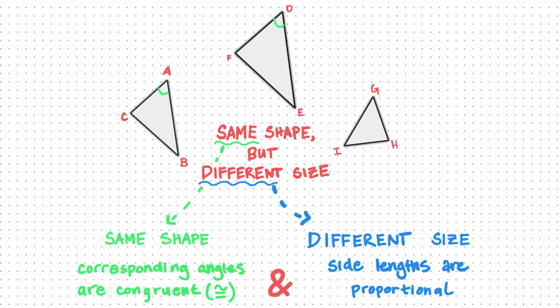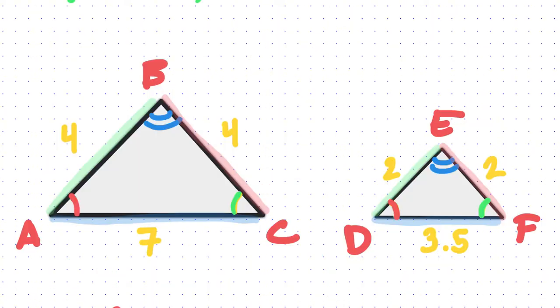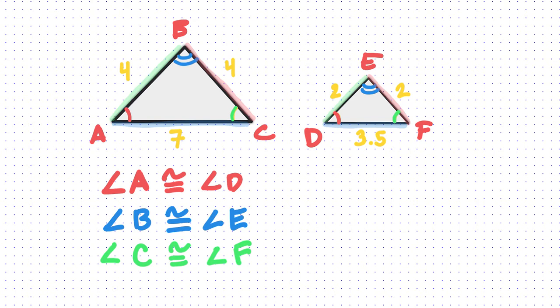Let's take a look at an example, shall we? In order to determine if triangle ABC is similar to triangle DEF, we need to compare if they are the same shape but different size, meaning that their corresponding angles must be congruent and the side lengths must be proportional. Now, according to this diagram, angle A corresponds to angle D. And I notice they both have the same single marking tick, meaning that they must be congruent.